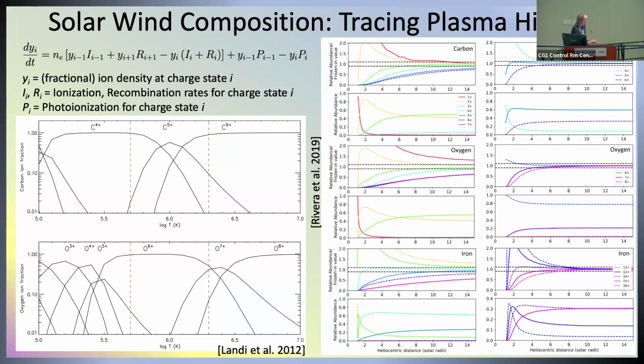And so that's an interesting way to kind of back out some piece of solar wind's temperature history, because if I've got a piece of solar wind that has iron 16 in it, it must have been very, very hot. And it must have come from some very different conditions than a piece of solar wind right next to it that had iron 9 plus, like massive temperature difference.